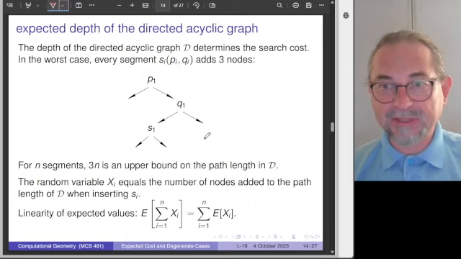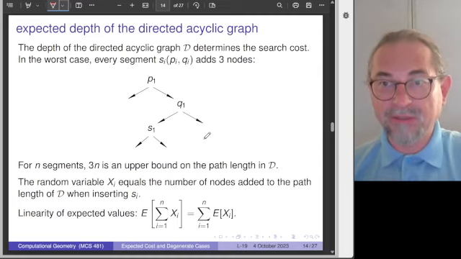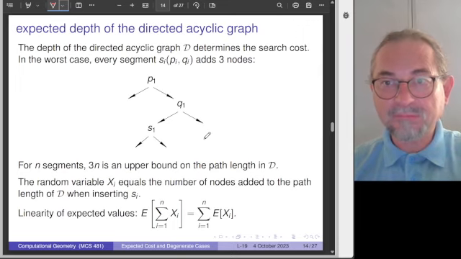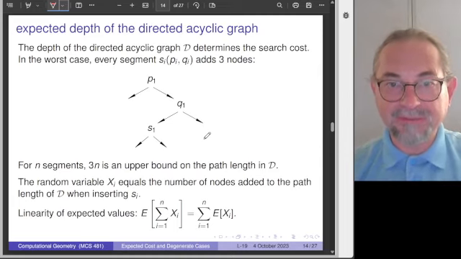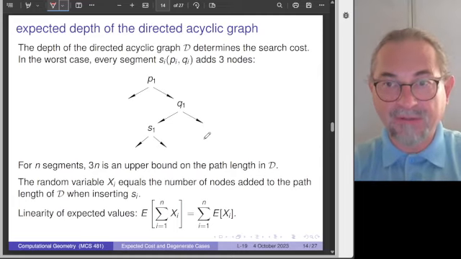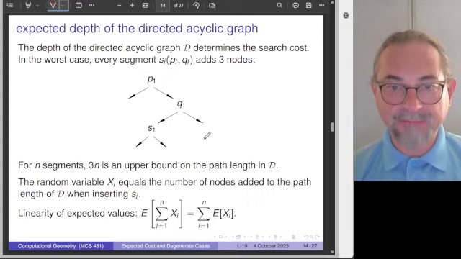There was an exercise in a previous lecture where I was inviting you to build a sequence of line segments where the next line segment would always intersect the last trapezoid that you added. So in the incremental construction, we replace the leaves, and the leaves are replaced when you have a line segment passing through them. So this is where the 3n upper bound comes from.